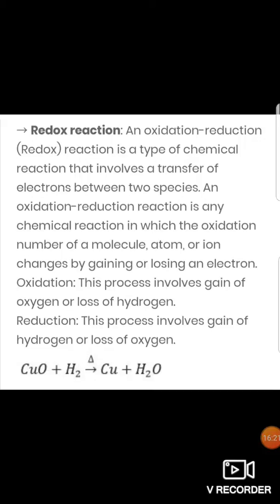So this process involves loss of oxygen on the reactant side and gain of oxygen on the product side.